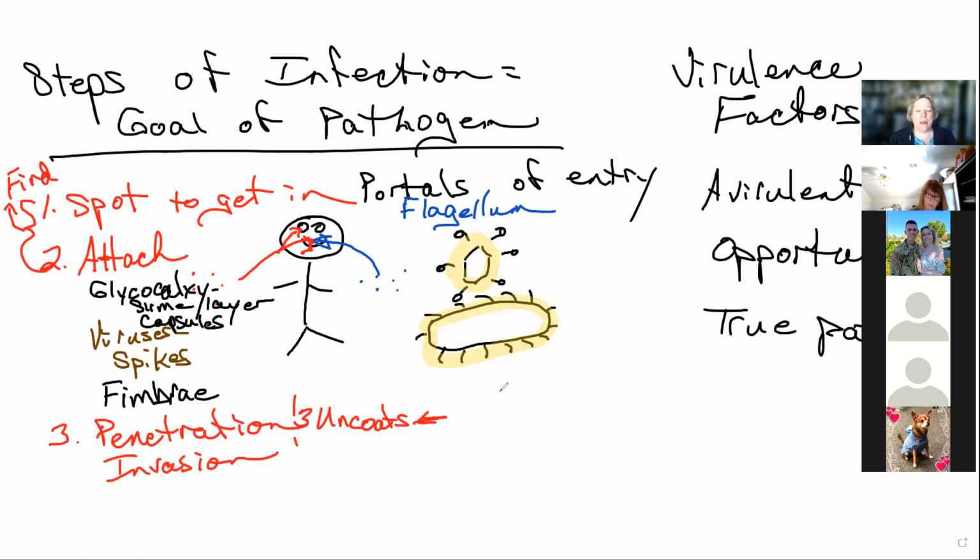And if the patient is really unlucky, it's going to get past there into the general circulation and find a home in your kidneys and start shutting down your kidneys. So all of that would be involved in invasion. Now, like I said, penetration and uncoating is the viral version of invasion.